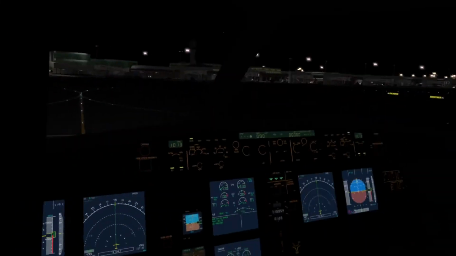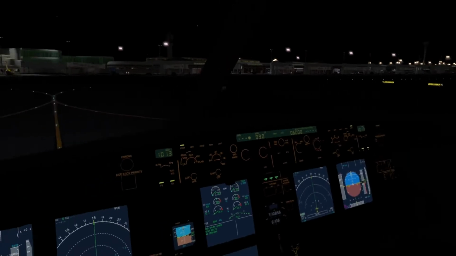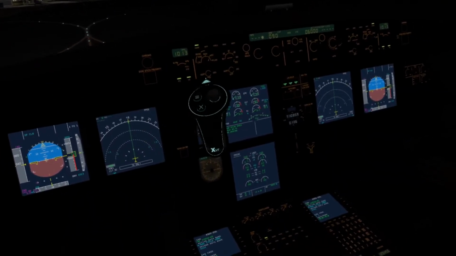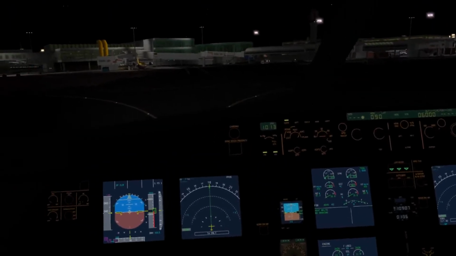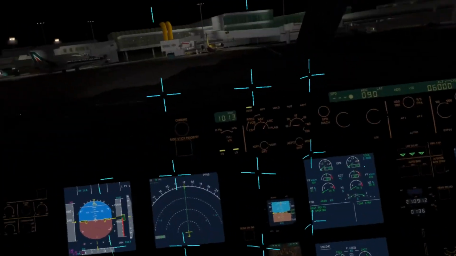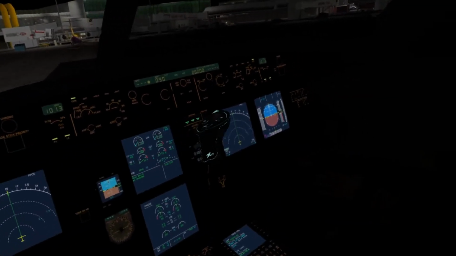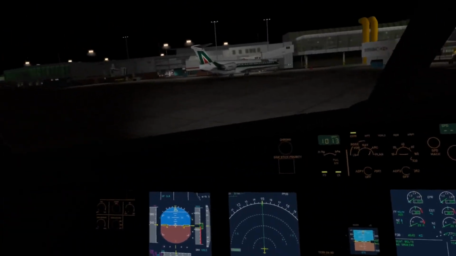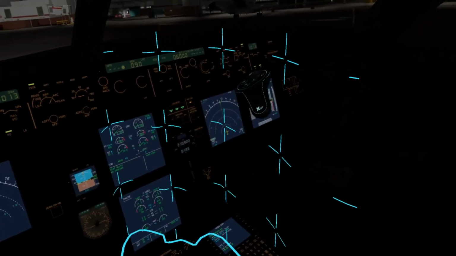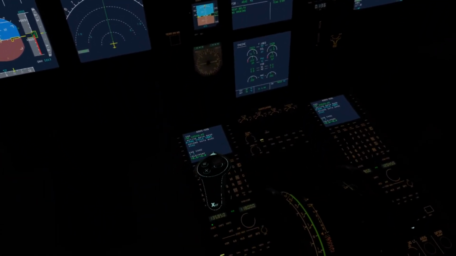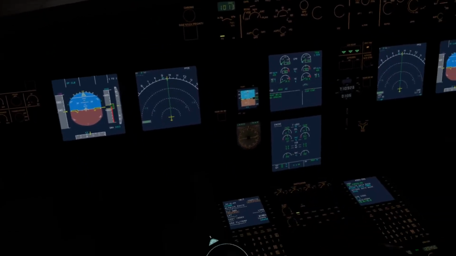So we're gonna taxi to our gate. Here we go. Okay, set. Chrono stopped. So 1 hour and 36 minutes this flight was. Very long flight that was. Well, moderate, let's say. So yeah.